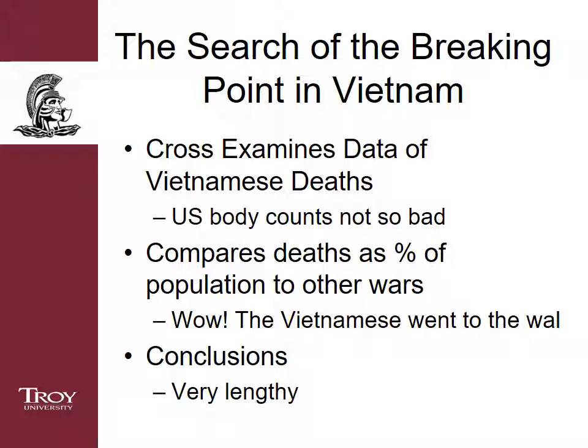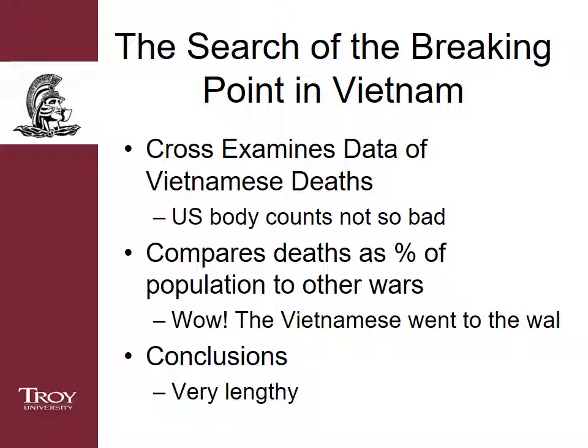The next thing is he takes that and he says, all right, let's look at what percentage of the Vietnamese population this was. And then let's compare that percentage to what happened to other countries in other wars. And so he goes to databases and does a comparison of that number to others, to get a sense of, okay, that many people, what's that mean, right?